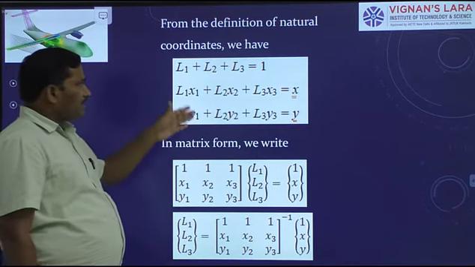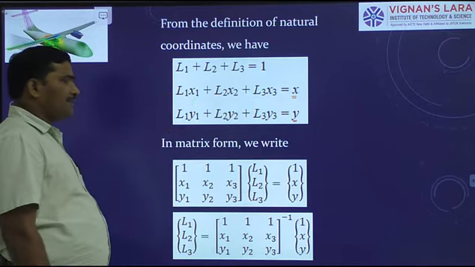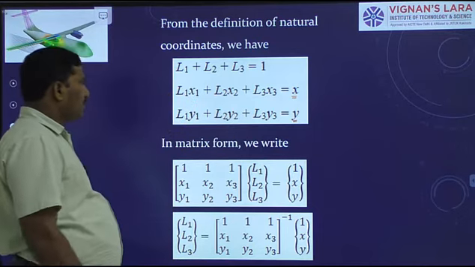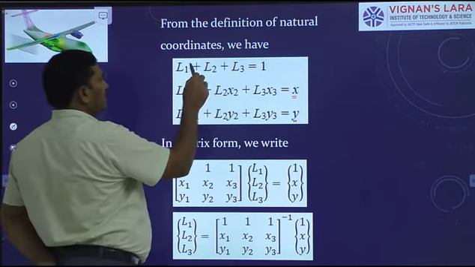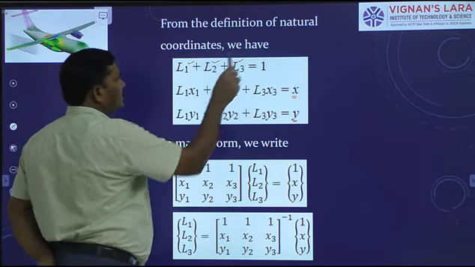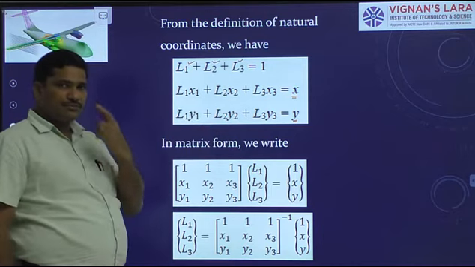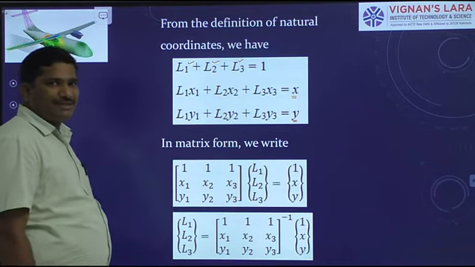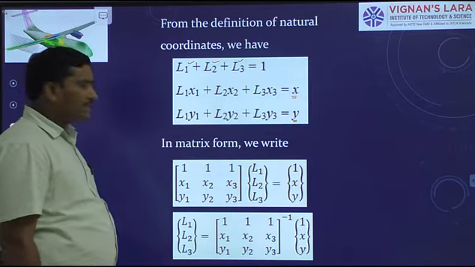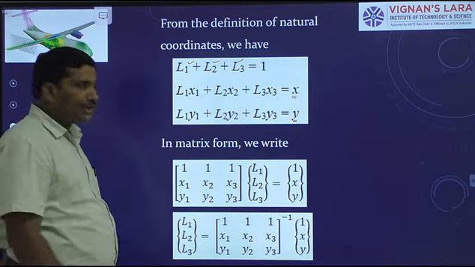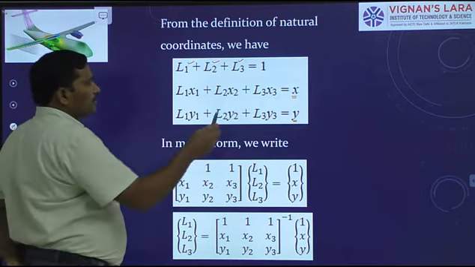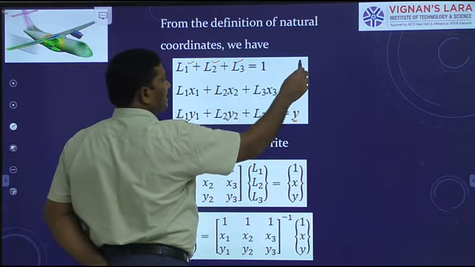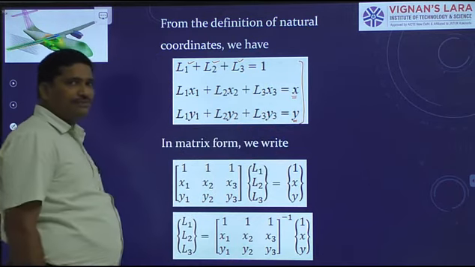Now we can write this set of equations in matrix form. Where L1, L2 and L3 are the natural coordinates, I consider a column matrix with elements L1, L2 and L3. How do we represent this set of equations in matrix form?